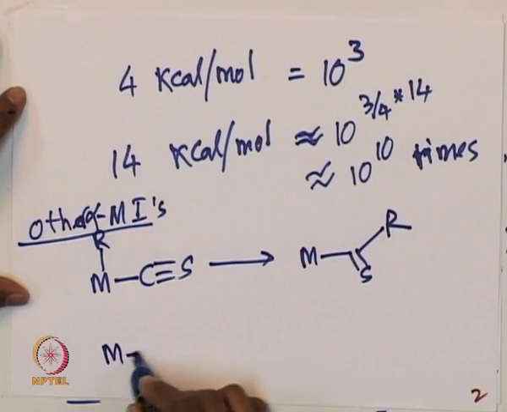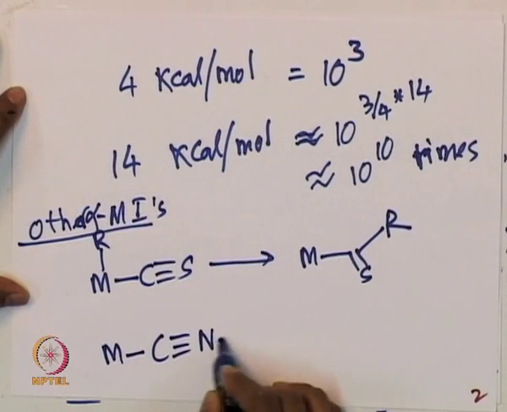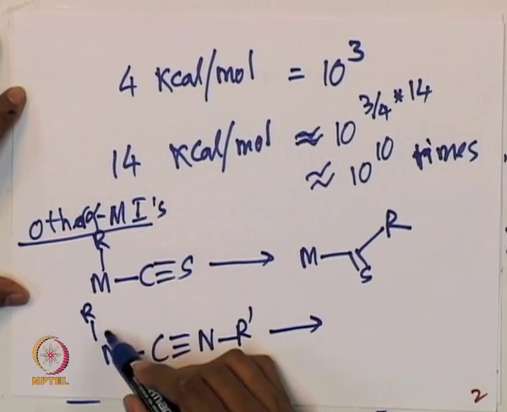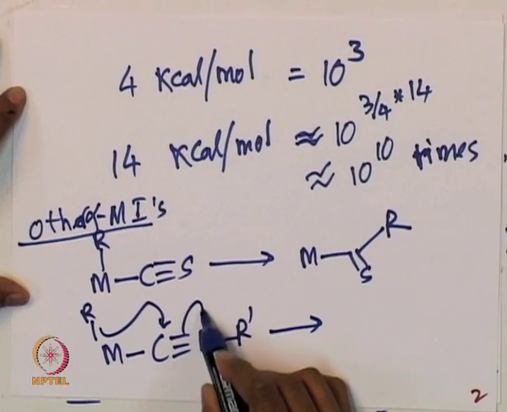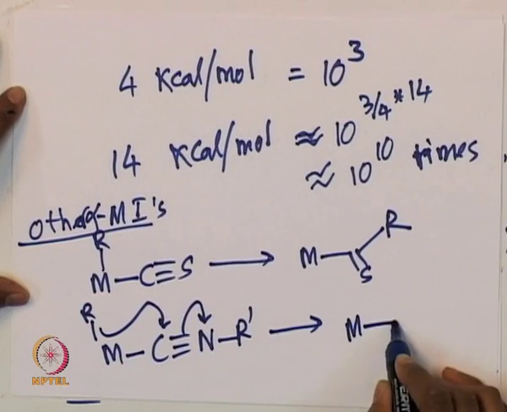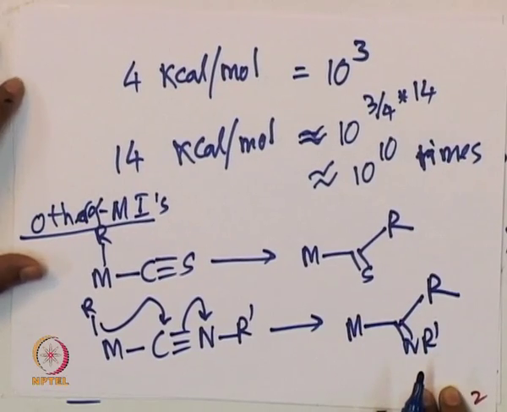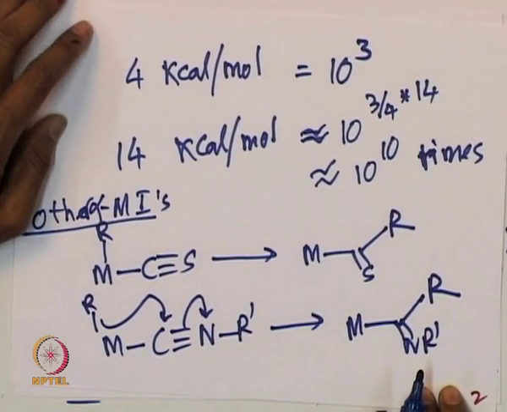You can have this sort of complex as well, that would lead to MNR prime R. Okay. So, these are other alpha migratory insertions that are possible out there.